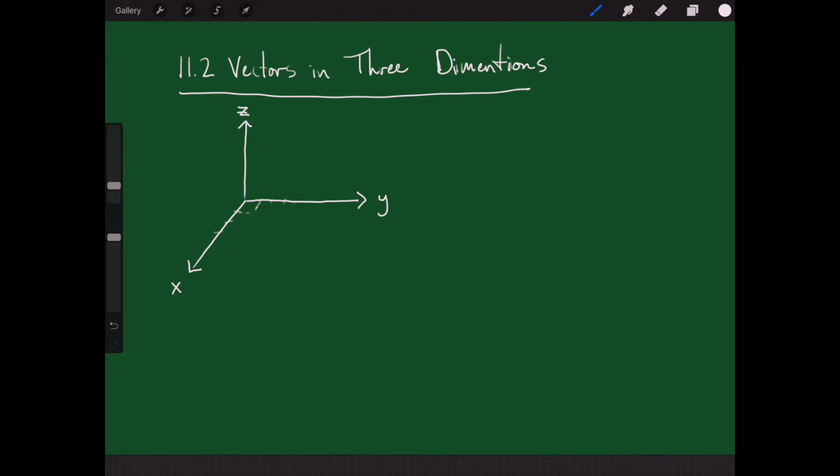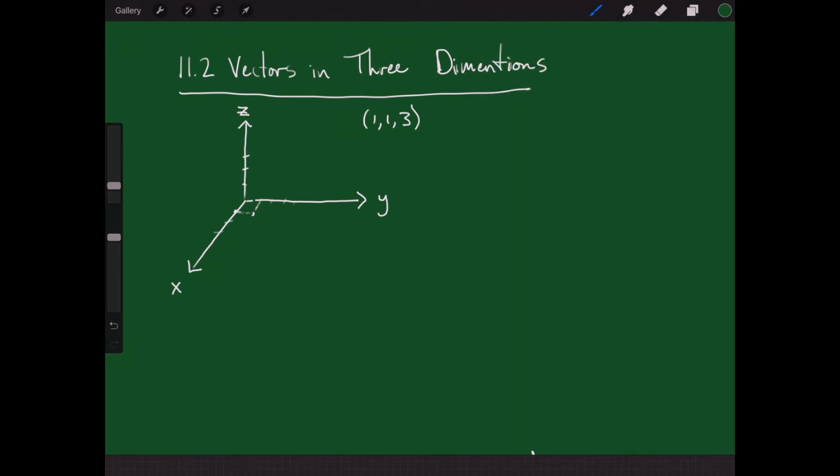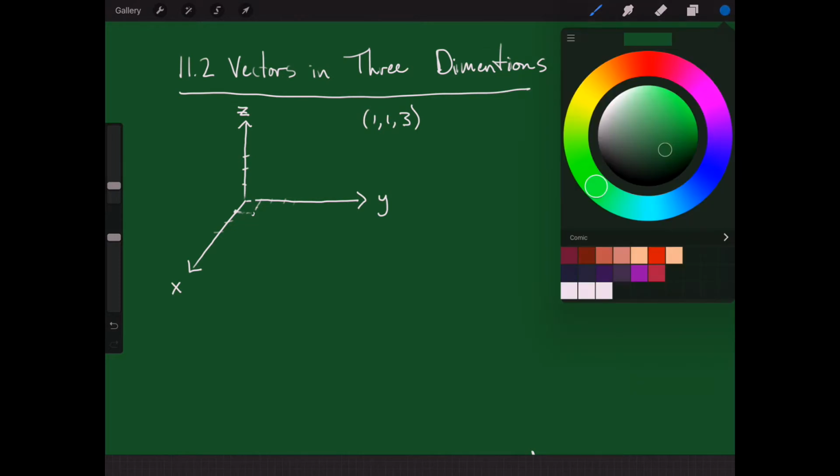If you were looking at a point like (1, 1, 3), you could think about going over 1 in the x direction to get here, 1 in the y direction to get here, and then 3 in the z direction: 1, 2, 3.